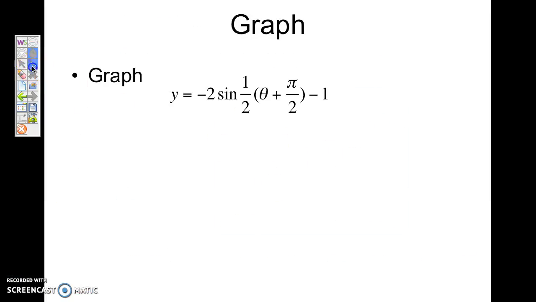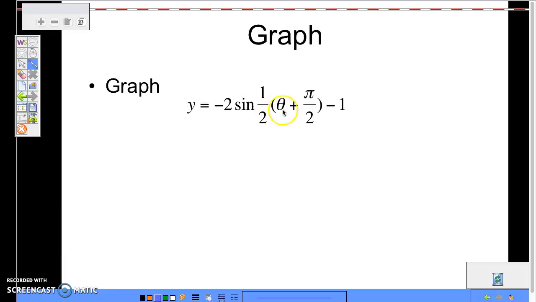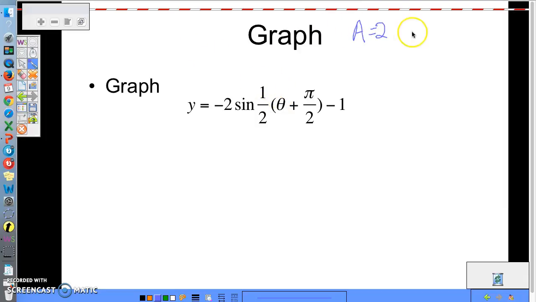So let's check out this one. Well, notice it's all factored already, so that's good. So our amplitude is 2. Our period is 2 pi divided by 1/2, which we know is 4 pi. Our scale, what we're going to count by, is 4 pi divided by 4, which is pi.